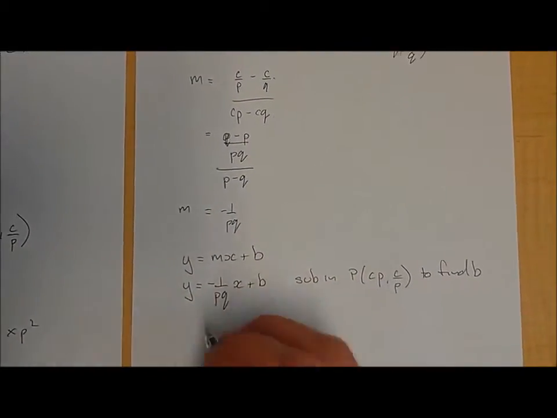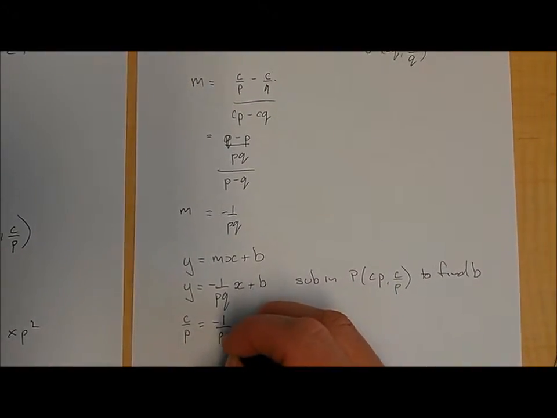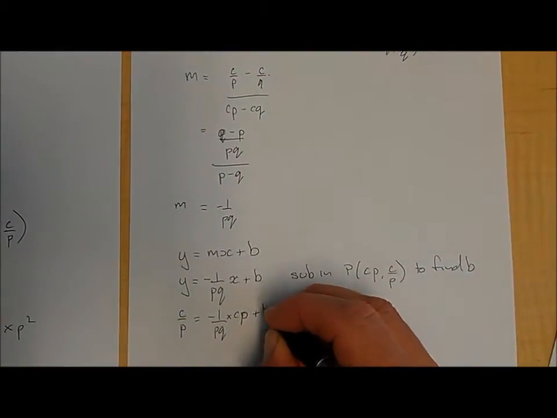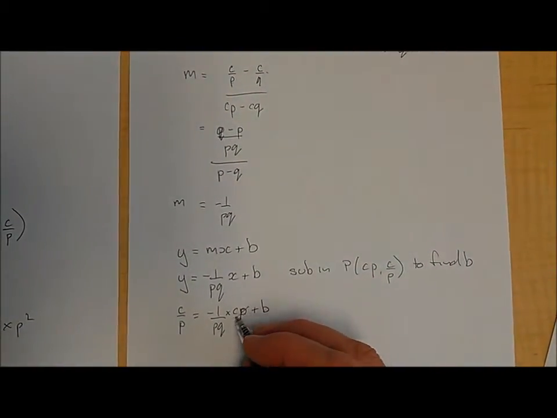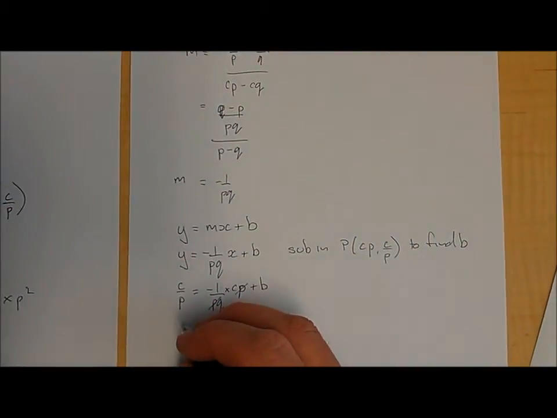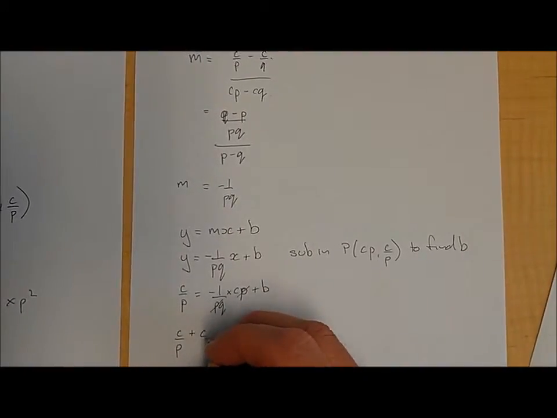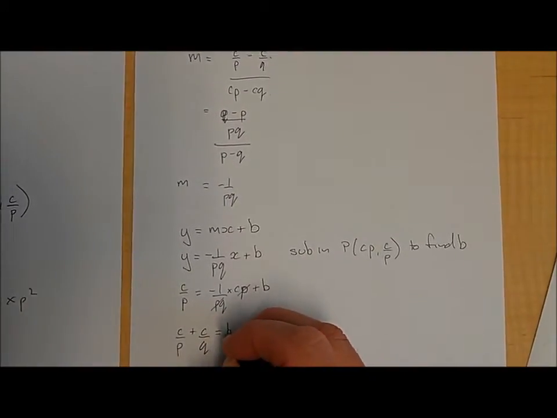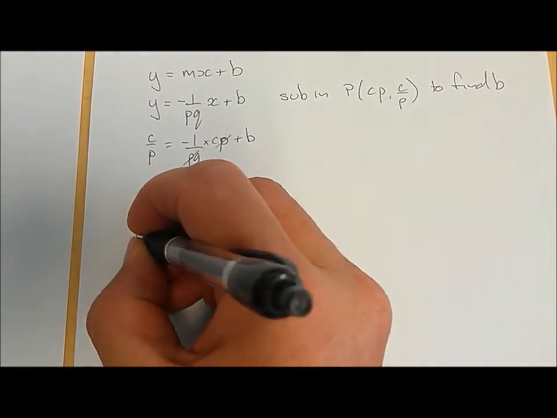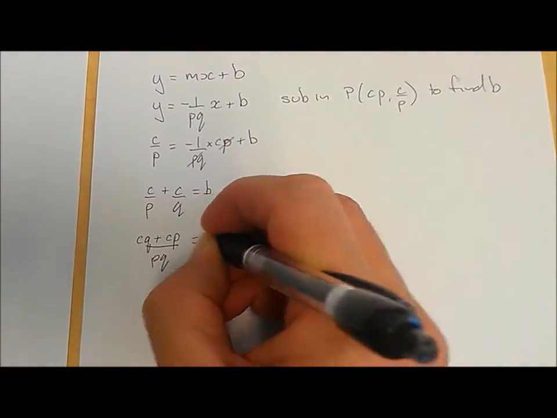So I'll get c on p is equal to negative 1 on pq times cp plus b. See here the p's are going to cancel, so I end up with c on p plus c on q is equal to b. Continuing from that, I would get (cq plus cp) all on pq is equal to b.